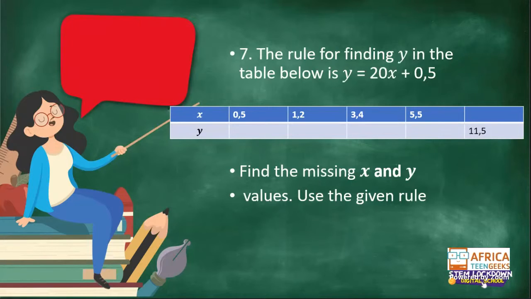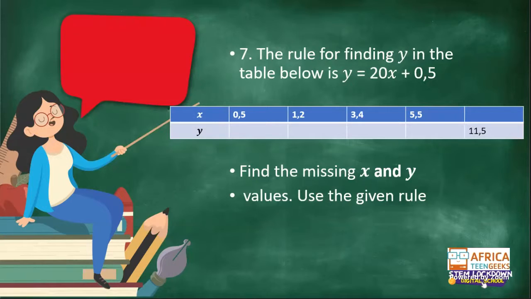And then the next one is 3,4. What will be the value of y there? Again, you'll have to multiply 20 by 3,4, and thereafter you add 0,5. Yes, Devan?